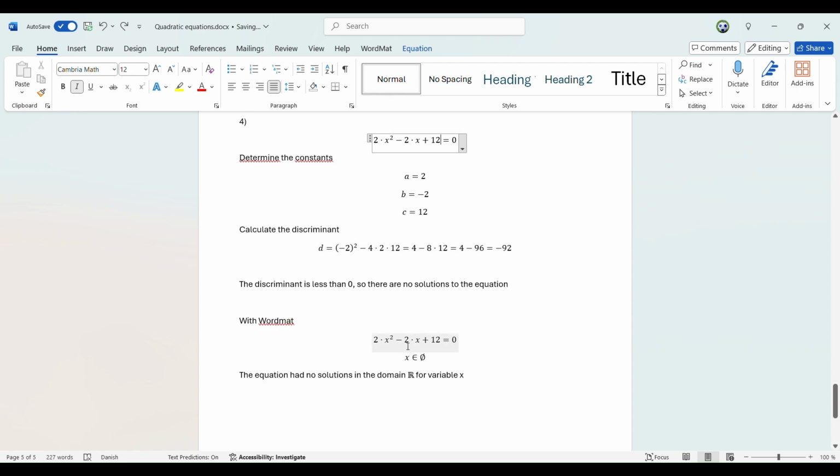If we had been using WordMat to help us, our program, then it would have yielded us this solution down here. x is an element in the empty set, which means that the equation has no solutions in the domain of real numbers for variable x. So this means there are no solutions to this equation, which is what we got up here, because the discriminant was less than 0.